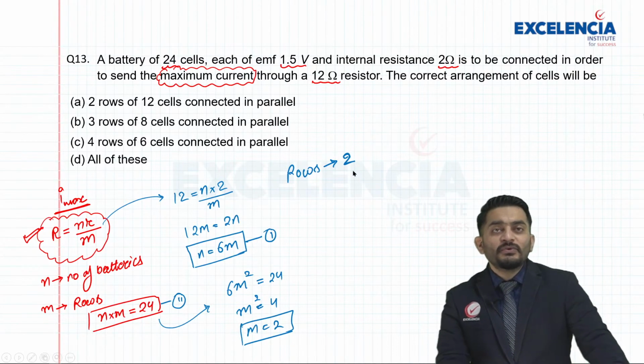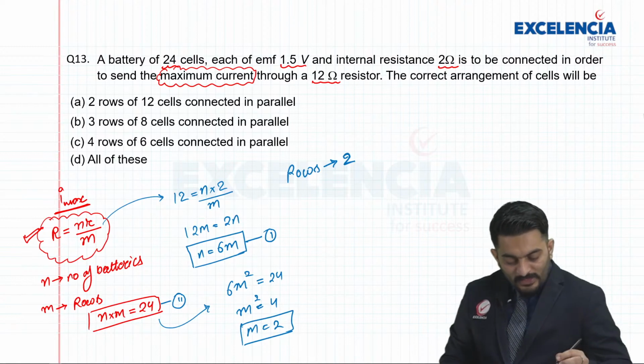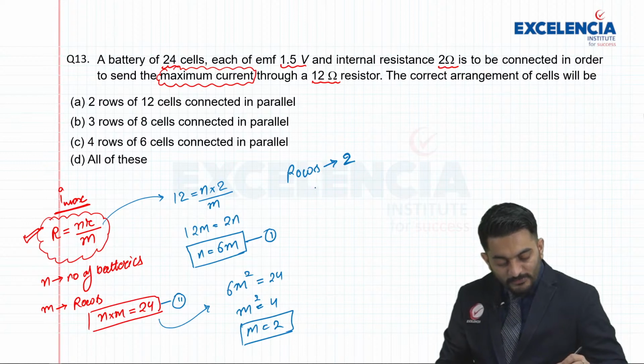If you require 2 rows of batteries, then definitely in every row the number of batteries present will be 12. So if you get the value of m equal to 2, the value of n you can calculate.